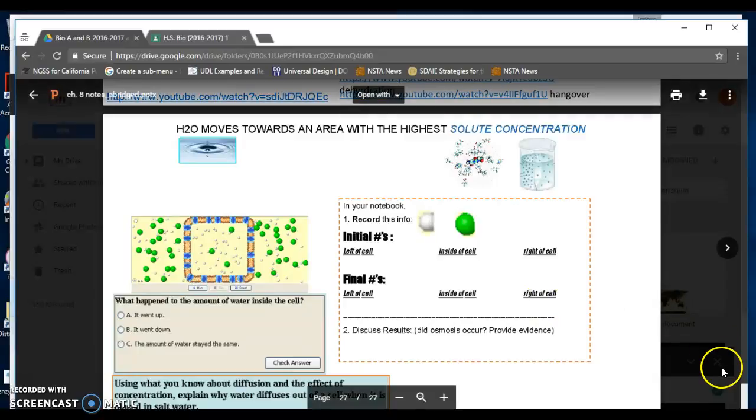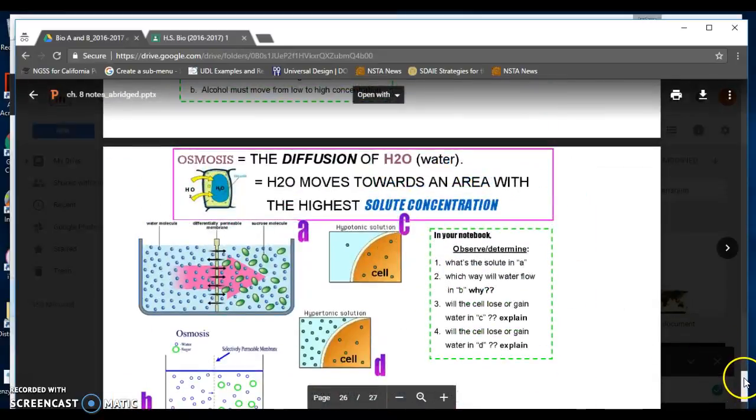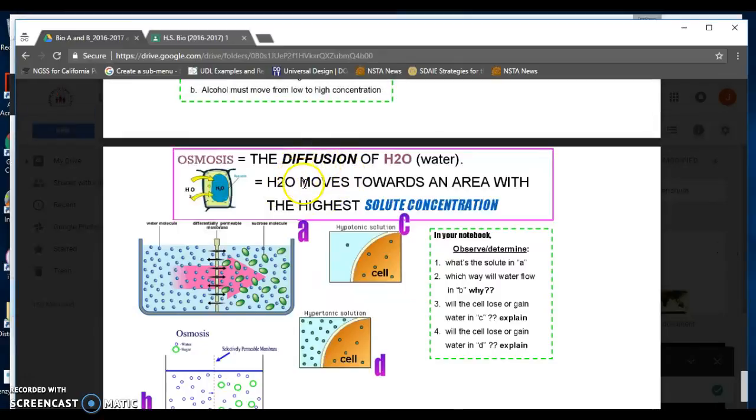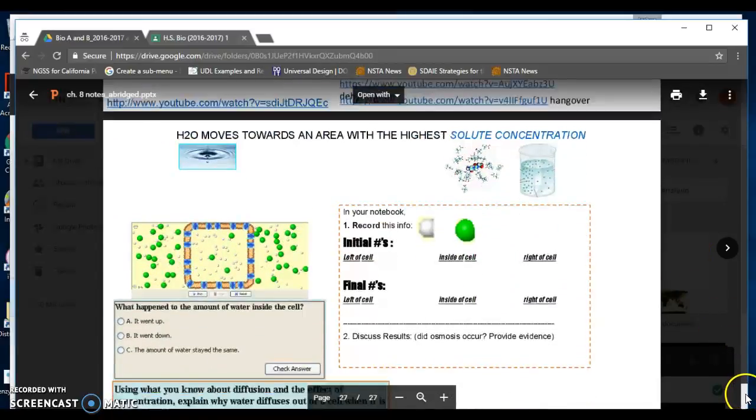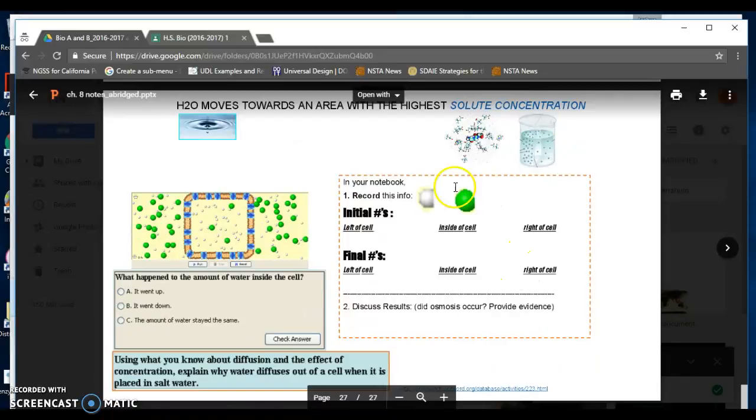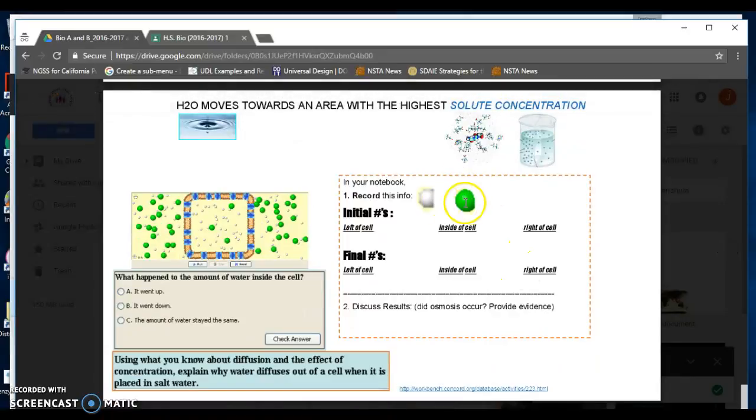And based on our definition of osmosis, or the diffusion of water moving from higher to lower concentration, and the idea of water moving towards solutes, did it occur? Yes or no? And again, the solutes in this example would be the salt. So is water moving towards the solutes, or where the solutes are at highest concentration?